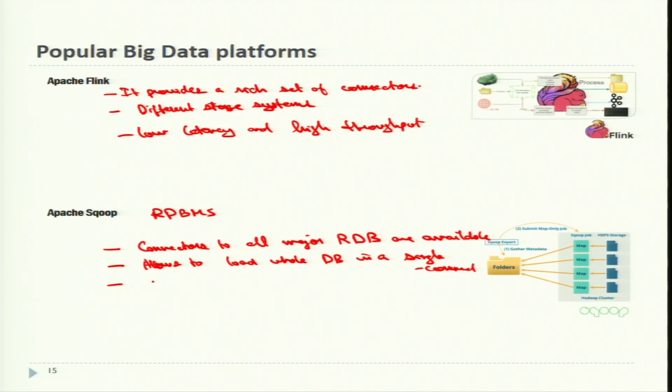There is also a feature known as incremental load. This allows Apache Sqoop to load only the updated portions of the data table.